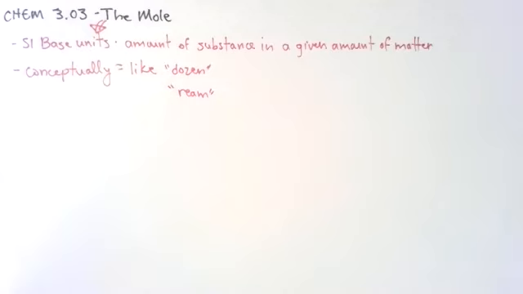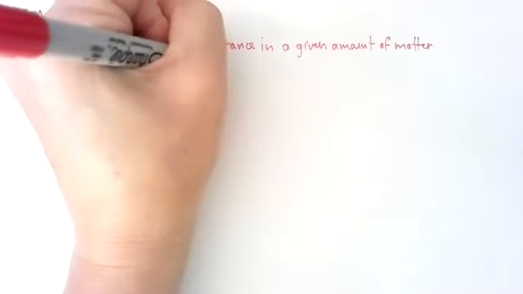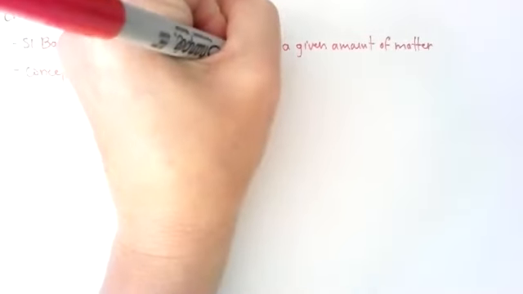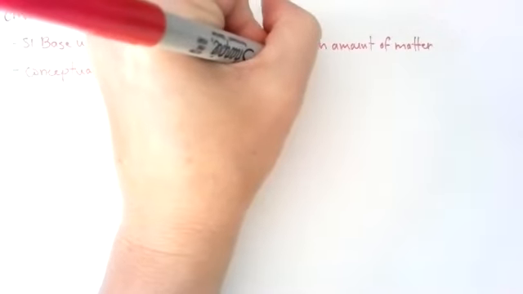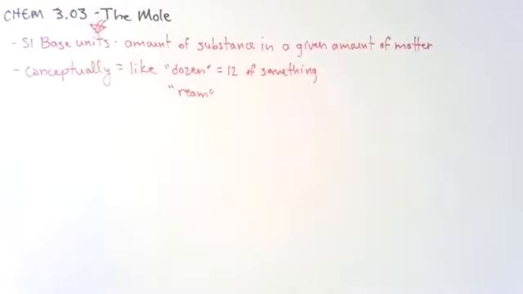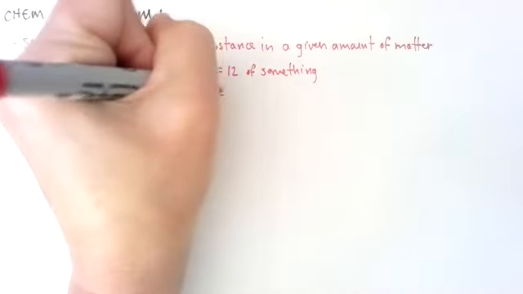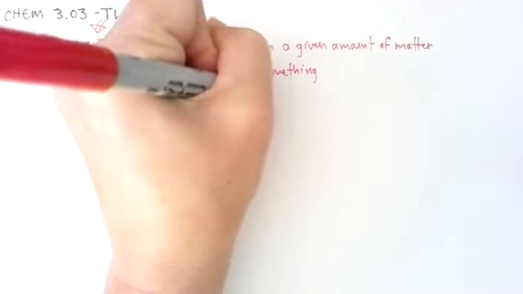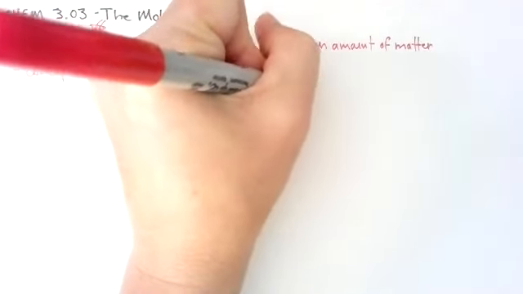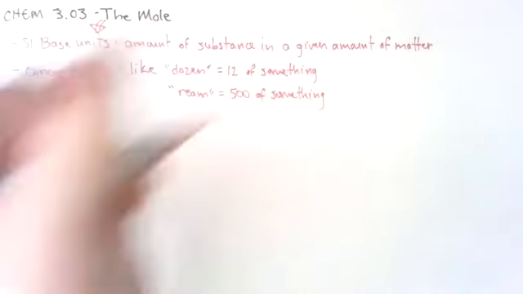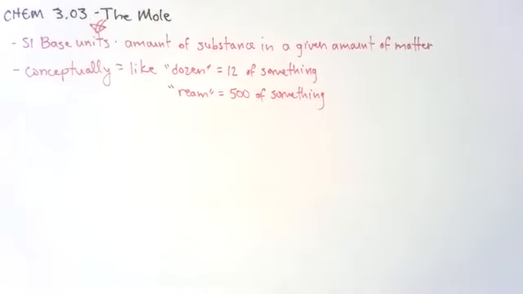If you think about it, a dozen is always 12 of something. You can have a dozen eggs, a dozen ears of corn, a dozen donuts. A ream is 500 of something. So if you have a ream of paper, you have 500 sheets of paper.